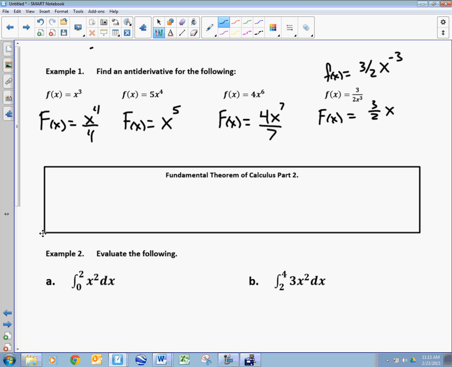Three over 2 x to the negative 2, divided by negative 2 over 1. How do I simplify that? I multiply by the reciprocal. So F of x is equal to 3 over negative 4x squared.